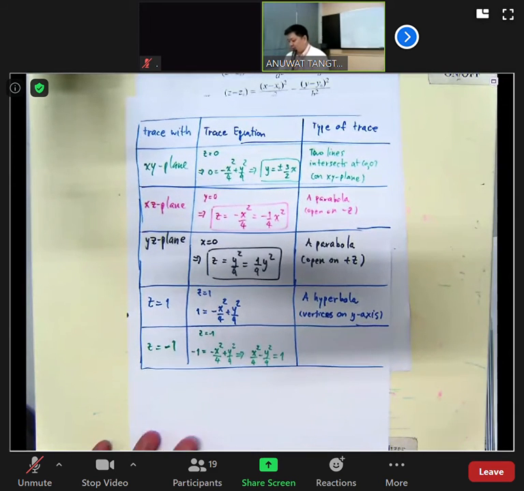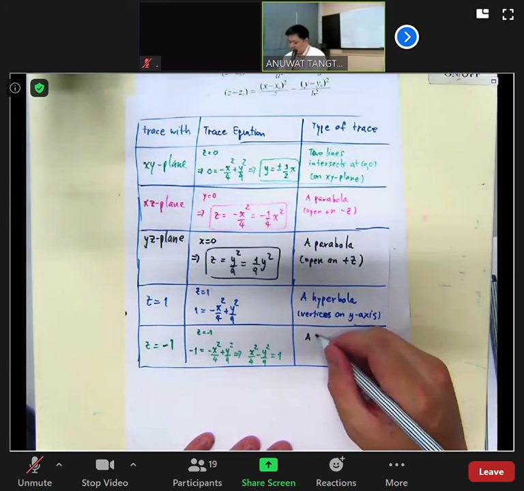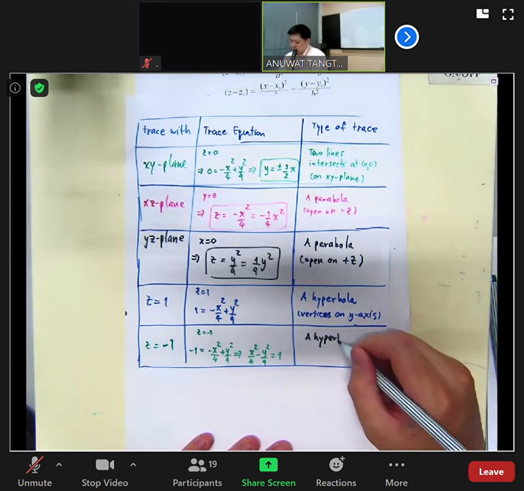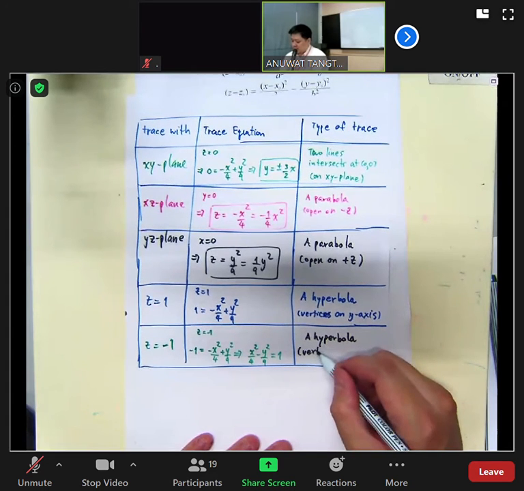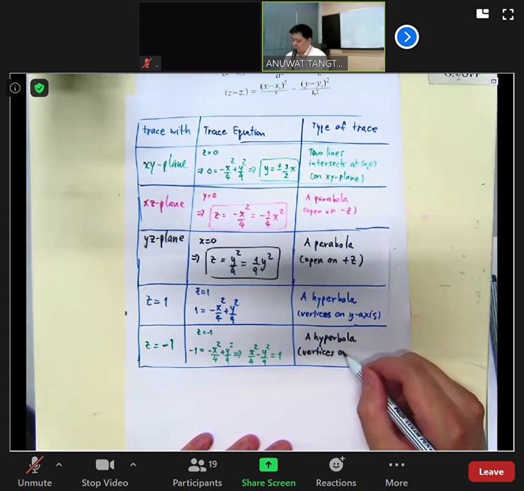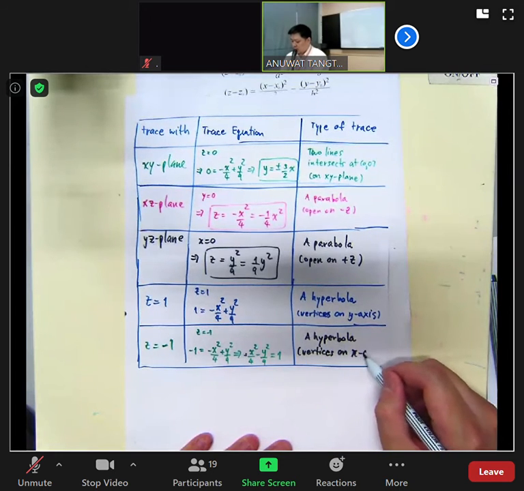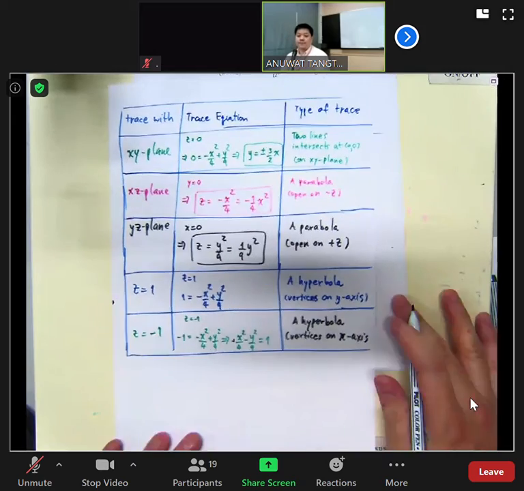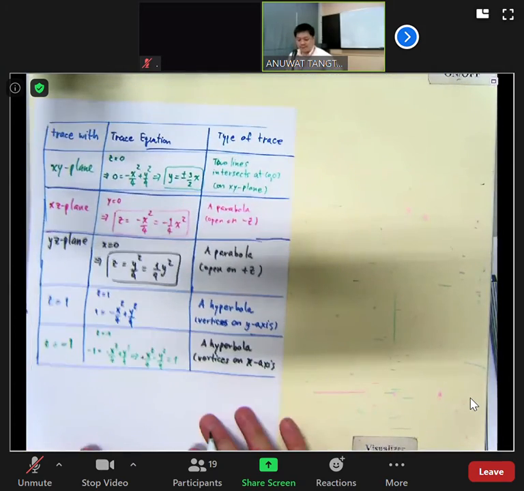I'm so sorry, my green color has run out. So this is also a hyperbola. But this one, the vertices would be on the positive x. Now we are going to draw these 5 traces.